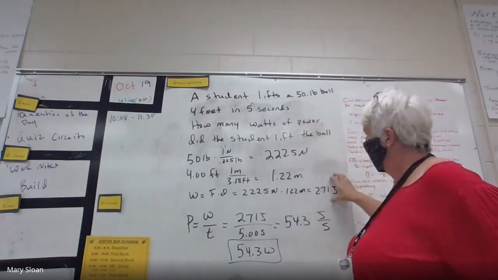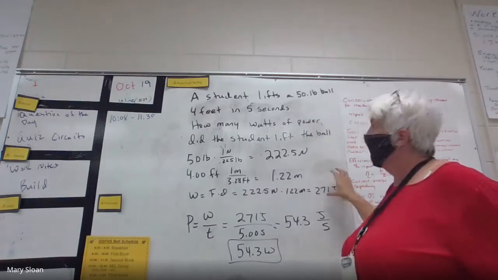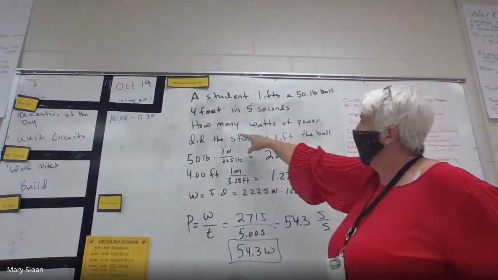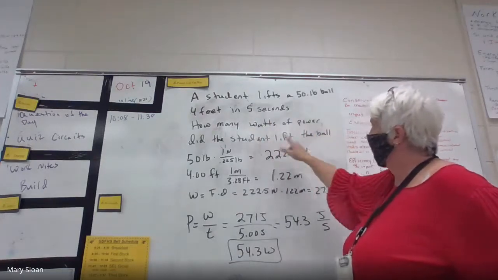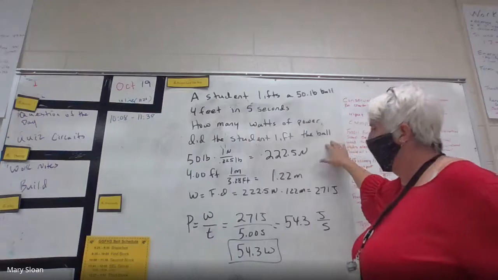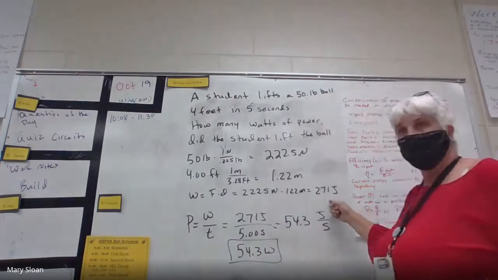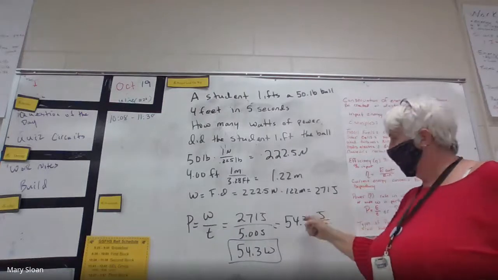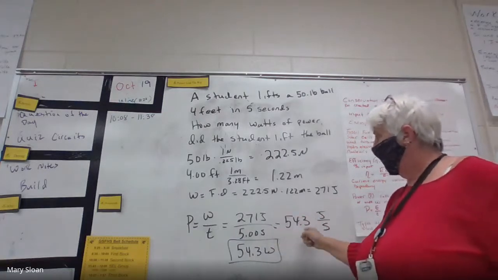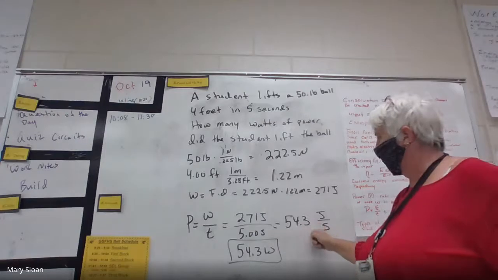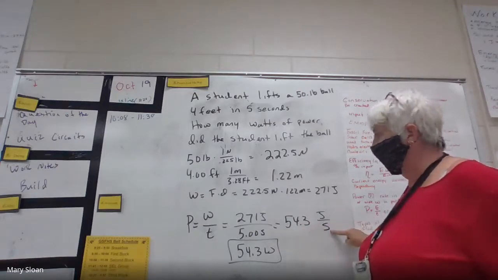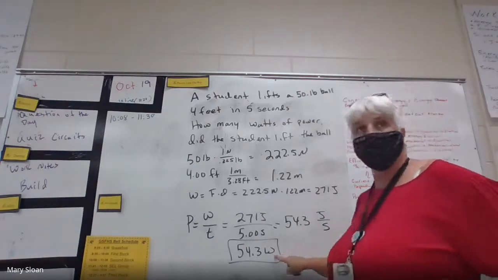So we came up with 271 joules. But now what it's asking us is, how many watts of power did the student use? So now we have to take our work divided by time. We took our work divided by our time, and then we got 54.3 joules over seconds, which equals watts.